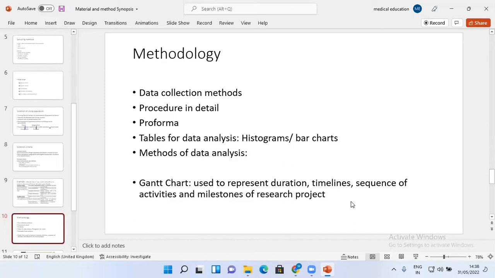But for your thesis, you should finish your review of literature, introduction, aims and objectives by the first year. In the second year, all data collection and data analysis. At the end of the second year, your thesis should be complete. You can divide it into 2 months, 3 months, 4 months, what you are going to do and all. So that is about your Gantt chart, which is mainly for your thesis and not for your synopsis.